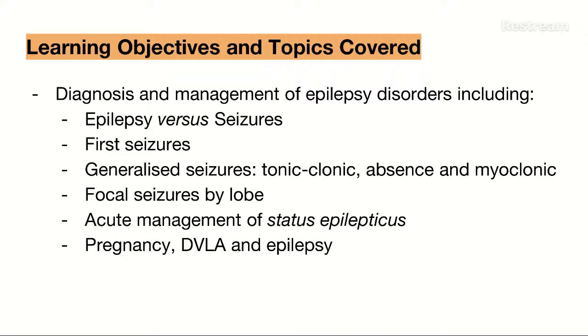Within generalized seizures, we'll focus on tonic-clonic, absence, and myoclonic seizures. And then we'll consider focal seizures according to the lobe of origin. And finally, we'll discuss the acute management of status epilepticus and conclude with practical considerations such as pregnancy counseling, safety advice, and driving regulation with epilepsy.